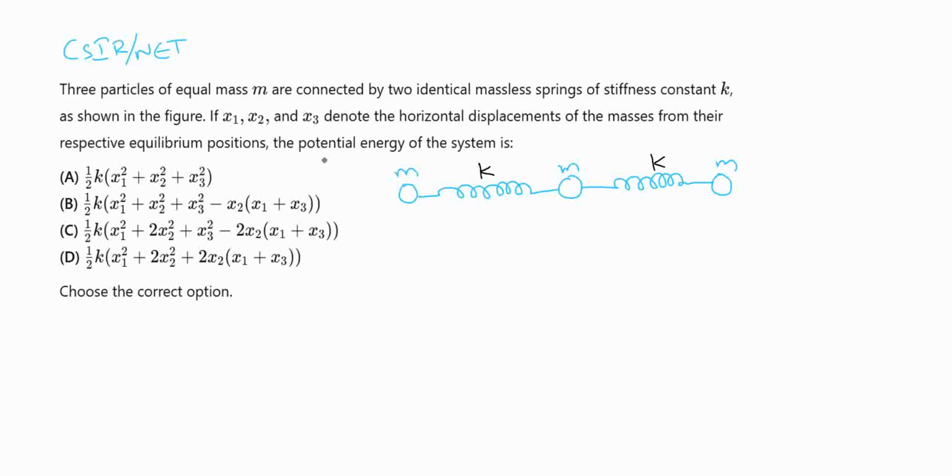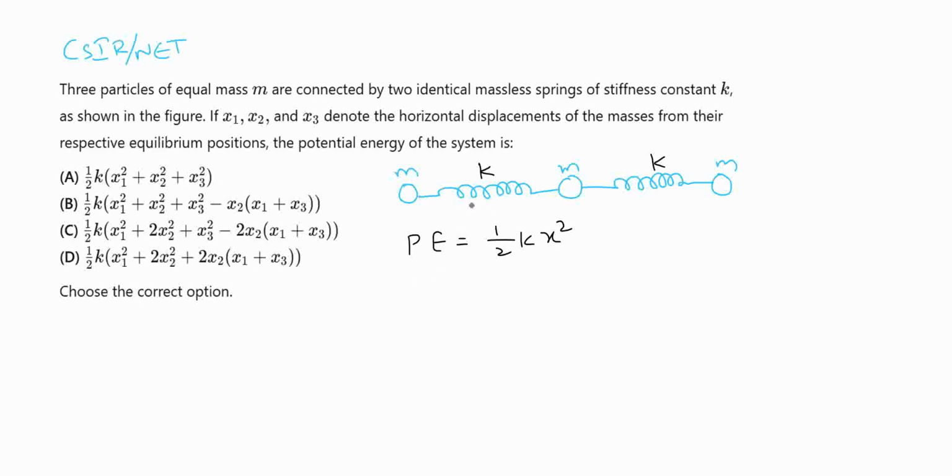The potential energy of the system, and we know that potential energy is equal to half kx square. So here, when this is displaced x1 and this is displaced x2, the total displacement of the spring is x1 minus x2, whether x1 is greater or x2 is greater, that doesn't matter.